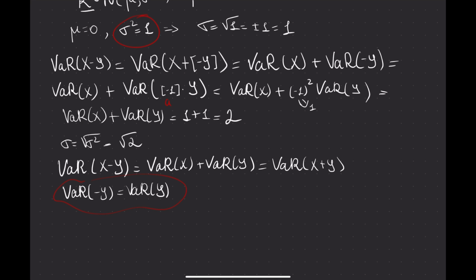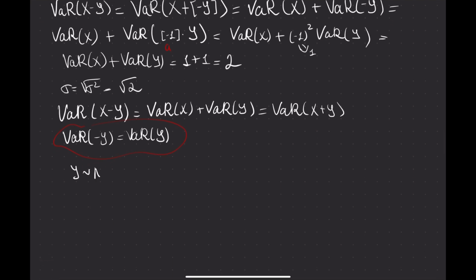That is, if y has a normal distribution with parameters 0 and 1, then negative y also has a normal distribution with parameters 0 and 1. So the sum of independent random variables and the difference of independent random variables are probabilistically the same. That is, x plus y and x minus y have the same mean, the same variance, the same skewness, the same kurtosis.